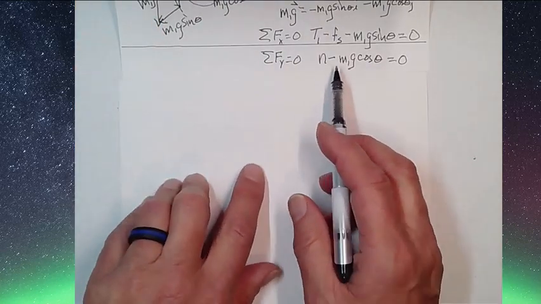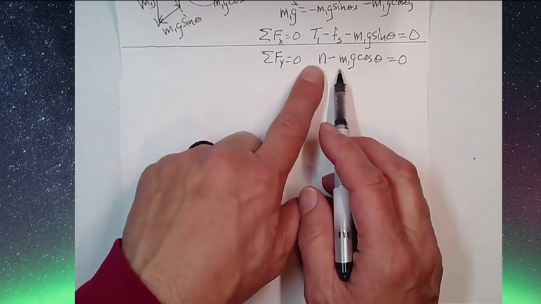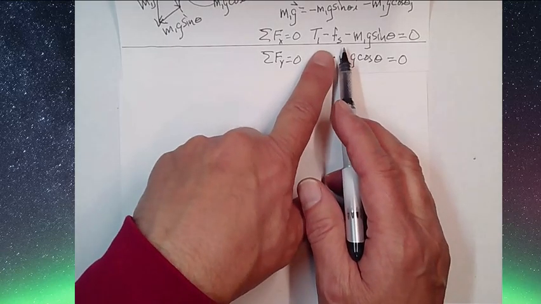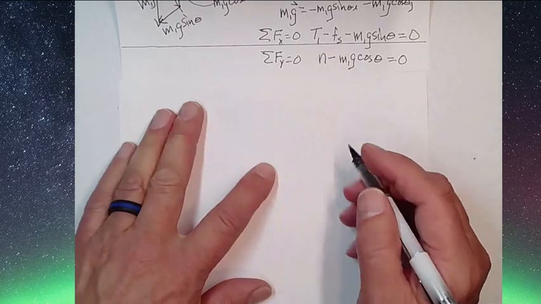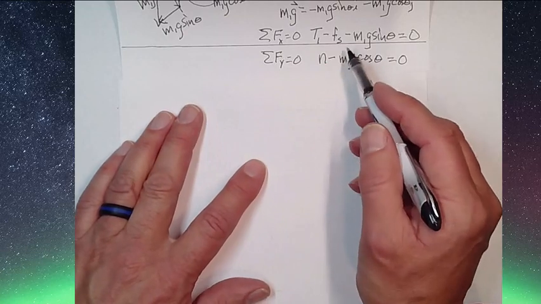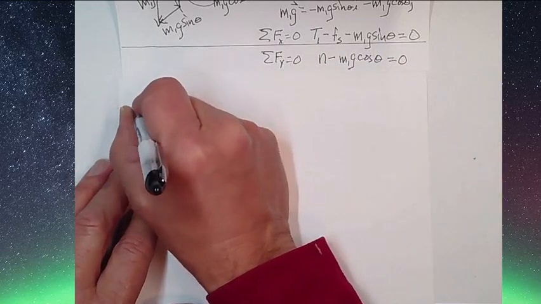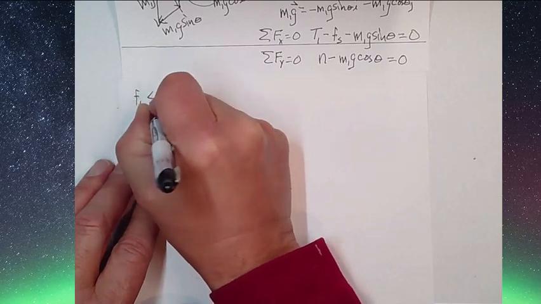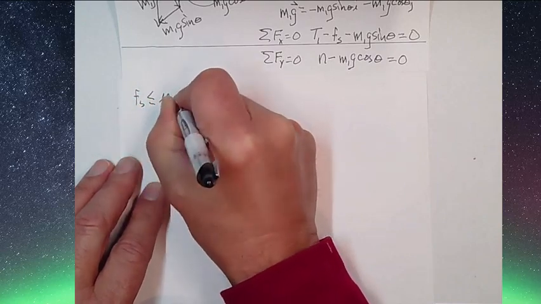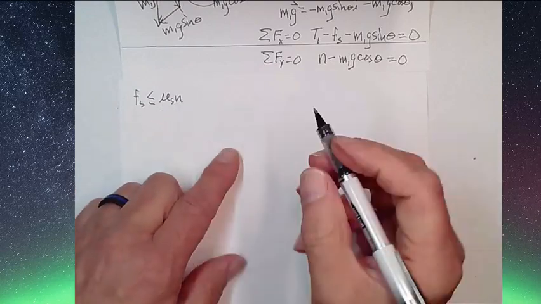One thing I can do is that since I know the normal force, and I know when F sub s is maxed out, it's equal to the coefficient times the normal force. In general, F sub s is less than or equal to mu sub s times N, but in this case it's the equality.